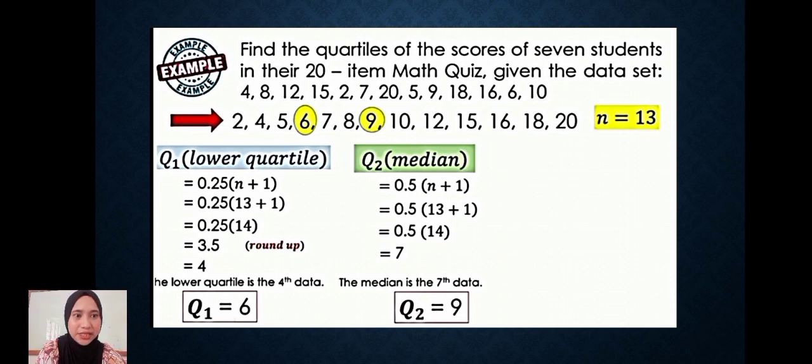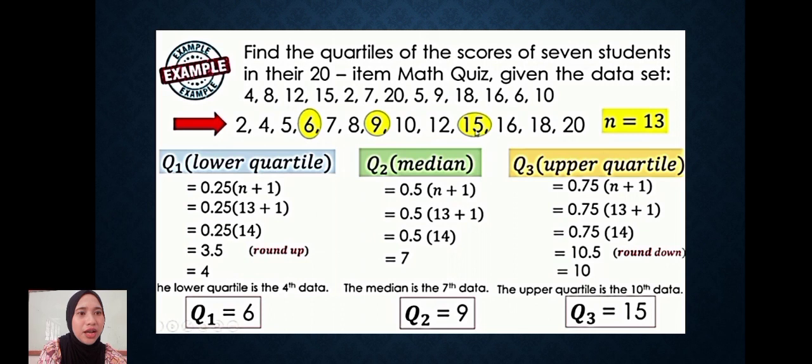So the median is the 7th data. If we count from 2, 1, 2, 3, 4, 5, 6, 7, ang pang-pito natin na data is 9. So our Q2 is equal to 9.